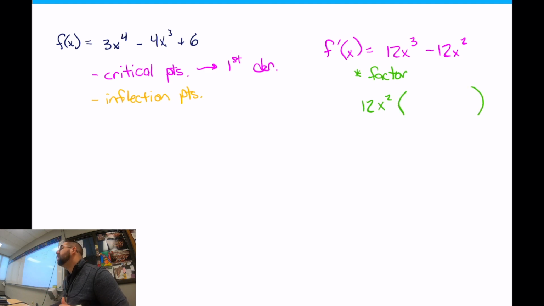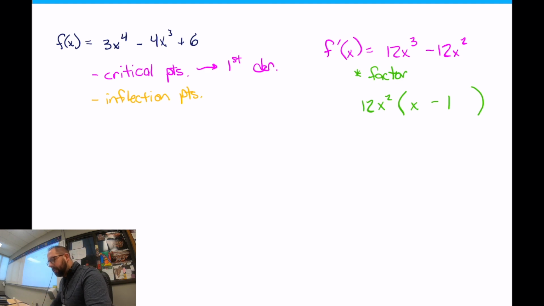When I pull those out, I'm left with an x and a minus 1. Again, the item in the parentheses should be the same size as the item we started with. The item we started with was a binomial, so I better have a binomial in the parentheses. A lot of people forget the 1. They forget you need to put a 1 back there. So it's x minus 1.